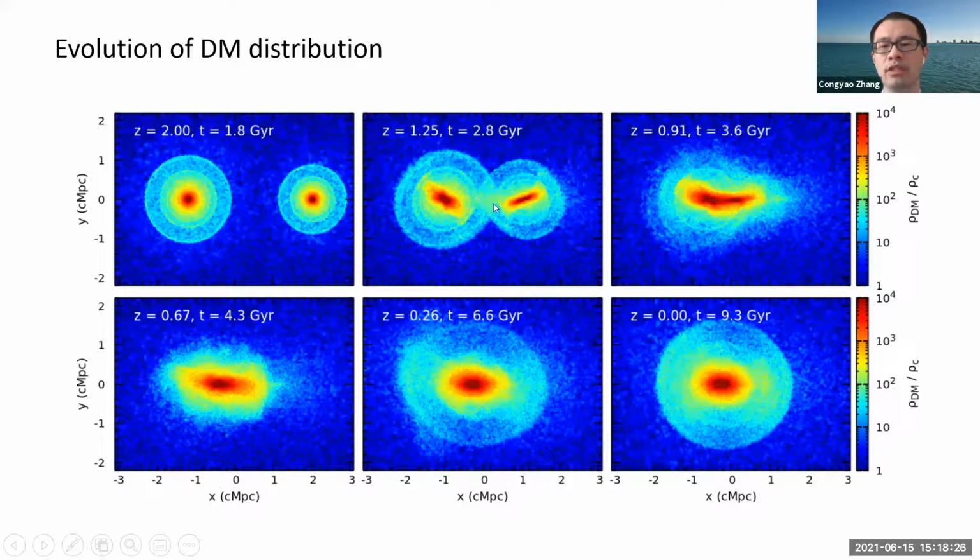And when these two clusters are approaching each other, actually this caustic surface could even be preserved in the early phase. And when the two clusters are sufficiently close, the merging system experiences a rapid contraction. And at this moment, the splashback radius of the cluster is even close to the virial radius of the system. And after about 1 to 2 gigayears after the pericentric passage, the genuine caustic surface starts to recover.